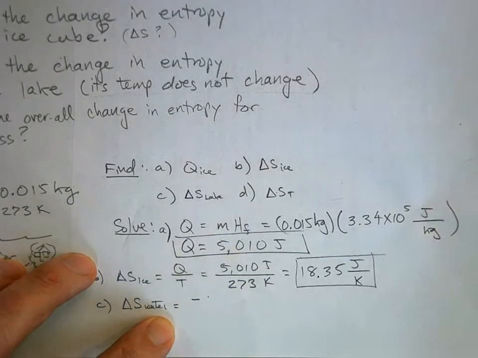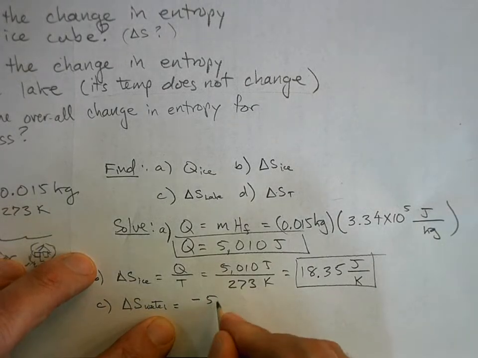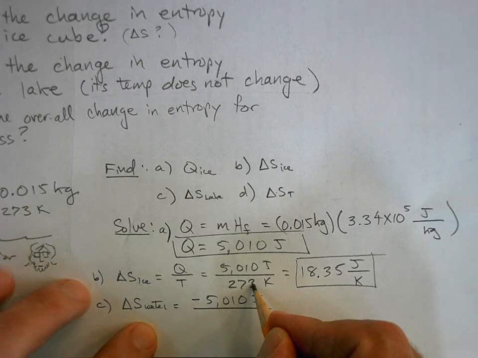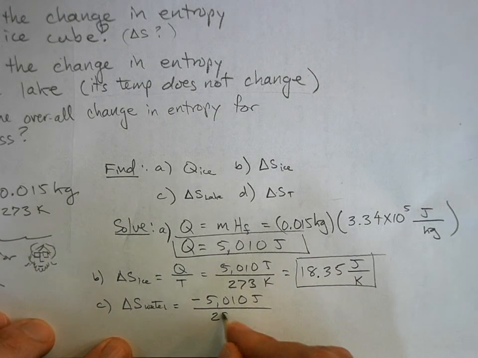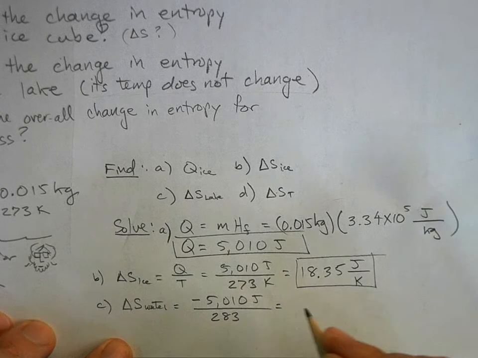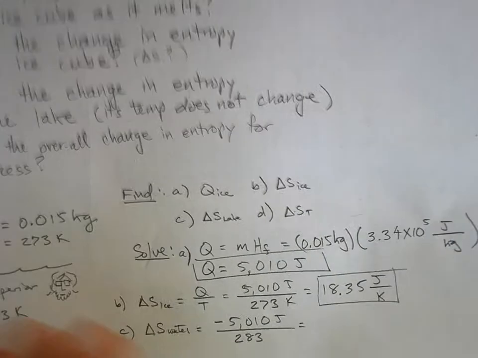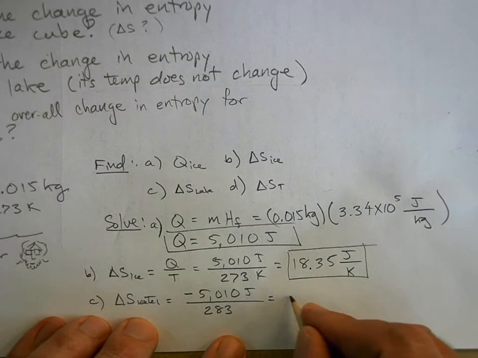But it lost the same amount of heat that the ice gained. So if the ice gained 5,000 joules, that came at the expense of the water losing that energy. And we said its temperature is 283. And when we do that, I get negative 17.7.